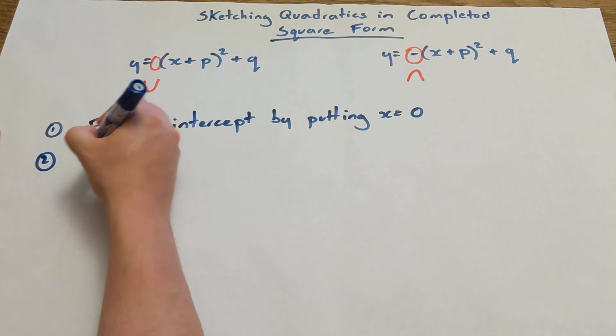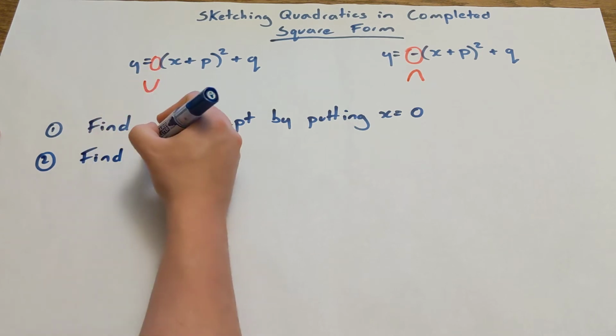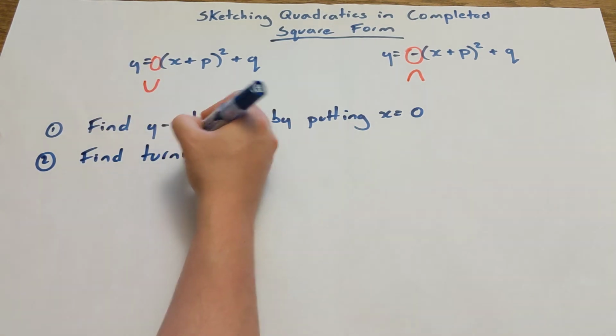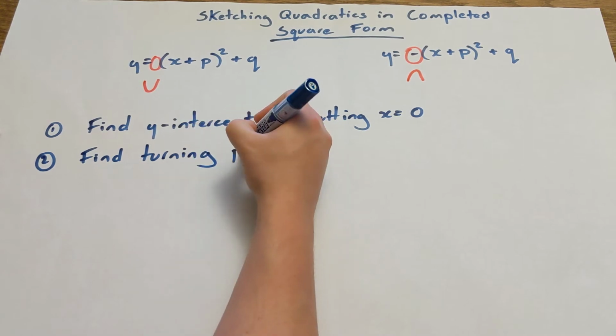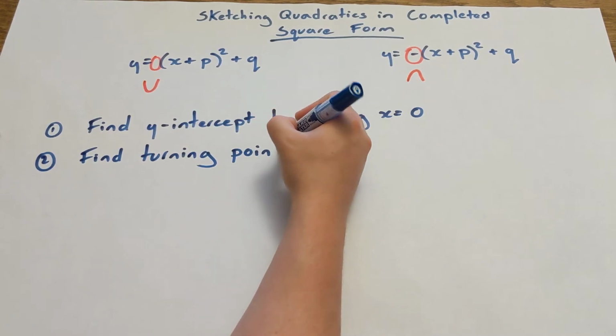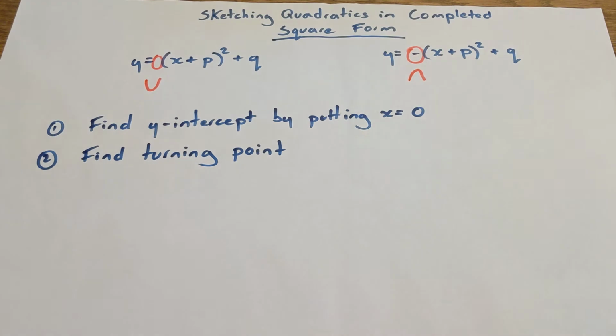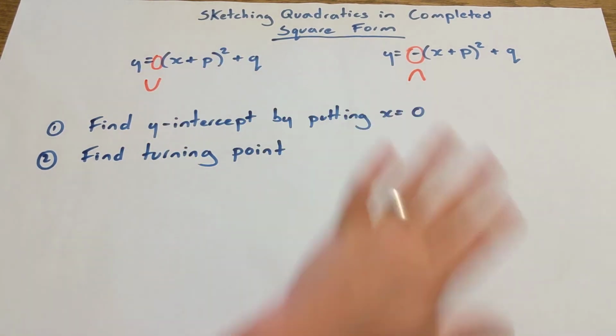Okay, the next step is to find the turning point. Now, hopefully we can remember how we do that when we have something like this. When we were looking at things in root form, we had to do a bit of working out to find the turning point. We don't need to if it's in completed square form.